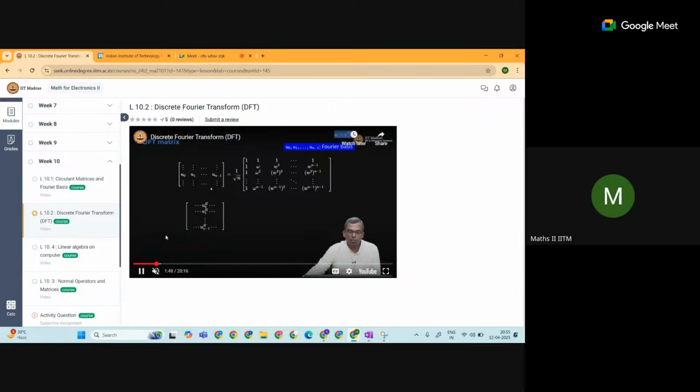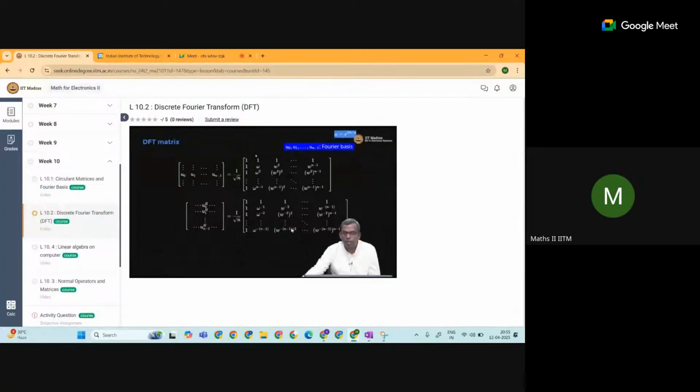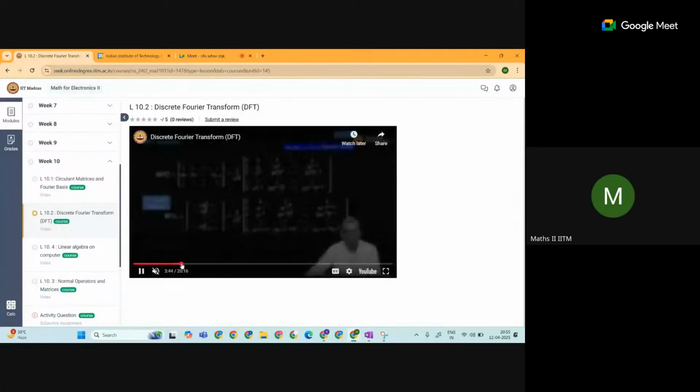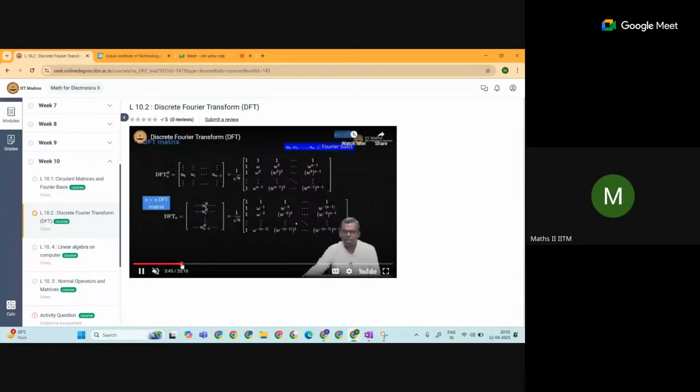The DFT is writing the Fourier basis column-wise in a matrix. The Fourier basis means the eigenvectors of the circular matrix; writing them column-wise and taking the conjugate transpose is your DFT.